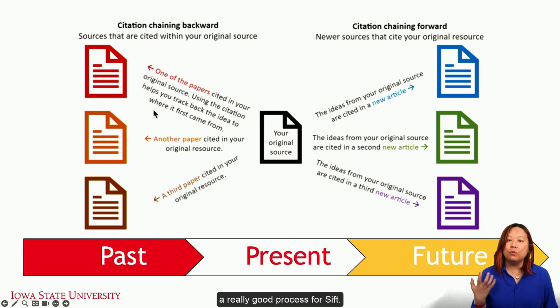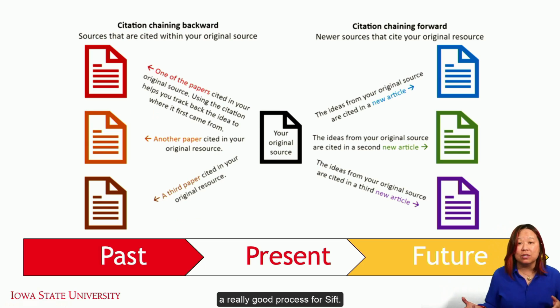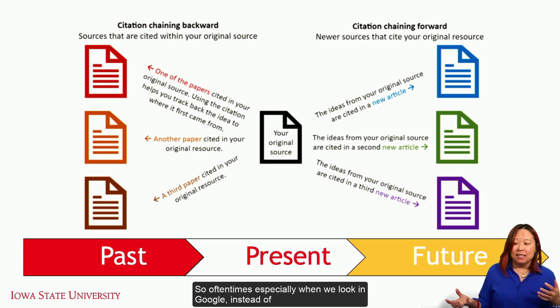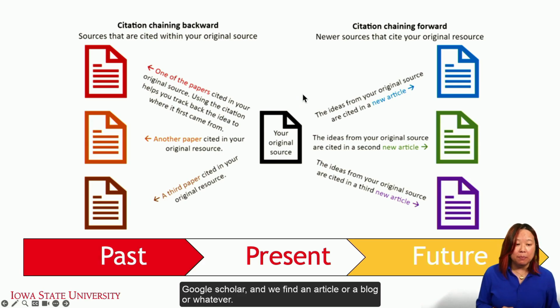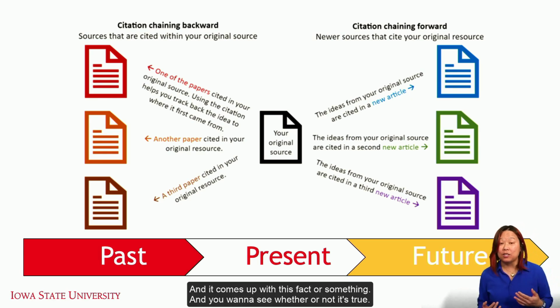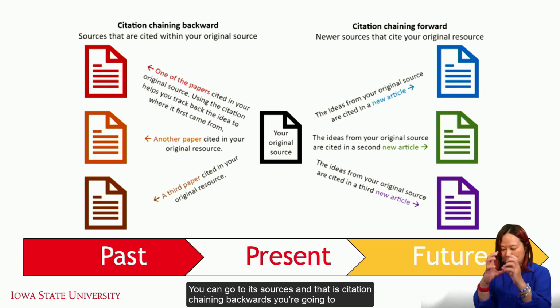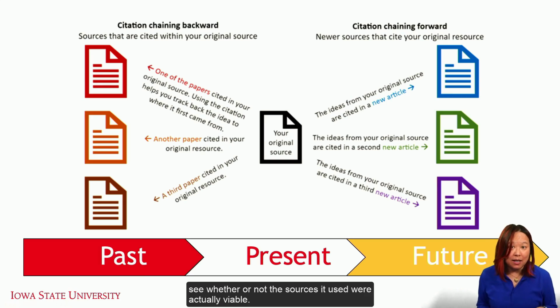You're going to see whether or not the sources it used were actually viable, legitimate sources to build on this original paper. Sometimes when I've done that with really popular articles, especially when they land in my social media, what I often find is that they echo each other. And then when you go to the actual original source that these papers are all echoing from, you realize it wasn't very legitimate at all.